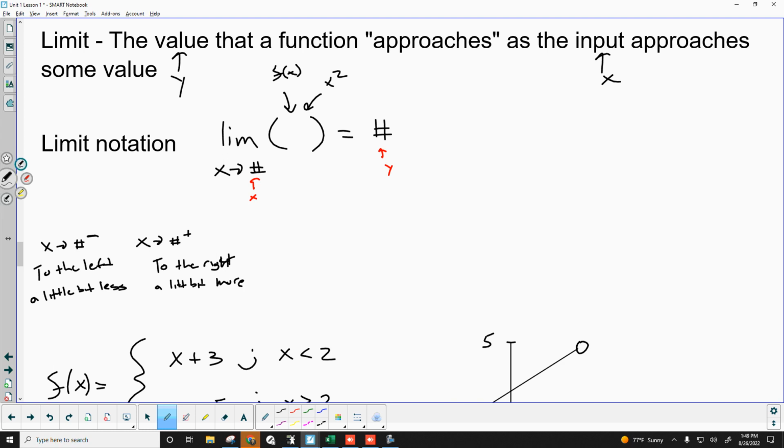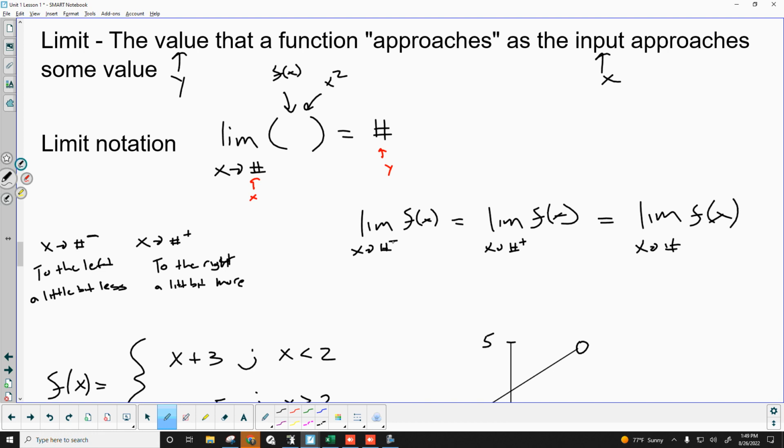Now, ready? If your limit as x approaches this number from the left of whatever function gives you a number, and that number is equal to the limit as x approaches the number from the right, then we say we have a limit as x approaches the number in general.